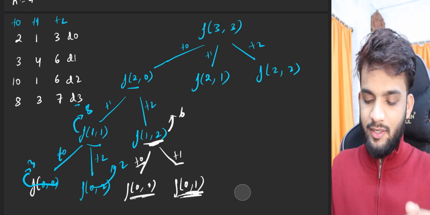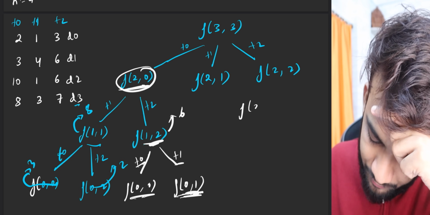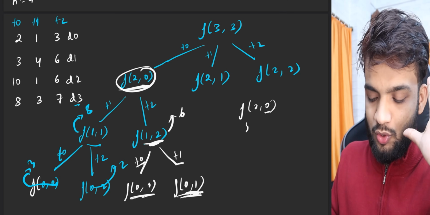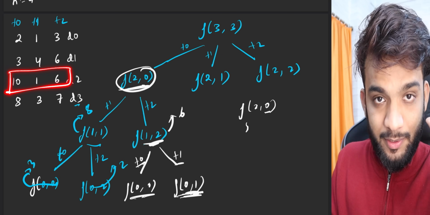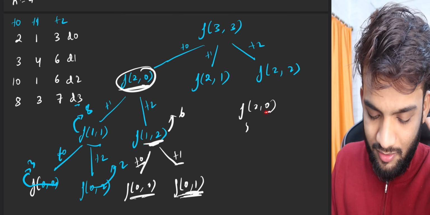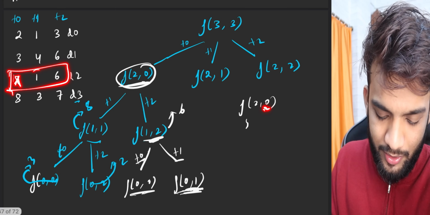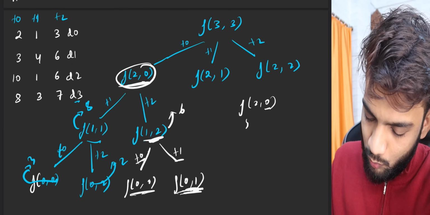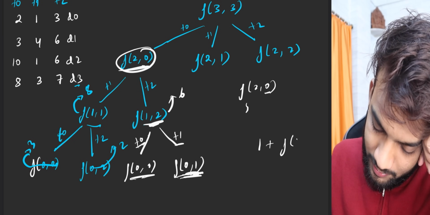Let's now try to write it again. Now you're here. So whenever you're at f of 2 0, it states, okay, I cannot perform task 0. Whenever you are at this guy, remember this. It is saying that you are over here, you cannot perform task 0. So either you can do this, which is task 1, which gives you 1 point. So 1 plus, you called f of 1 1 because you performed the task 1.